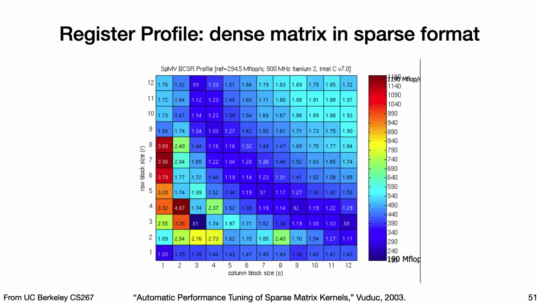It's just an example of what this looks like. It's called a register profile, actually. So from 1 by 1 up to 12 by 12, it's all normalized to the 1 by 1. And red means better, blue is worse. On this machine, I think the best one is around here, 7 by 1.